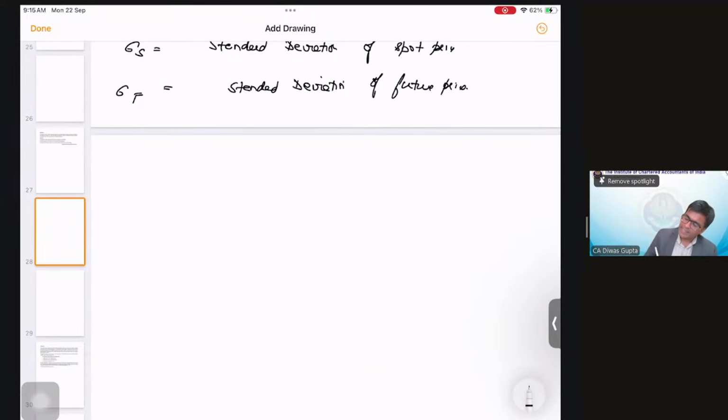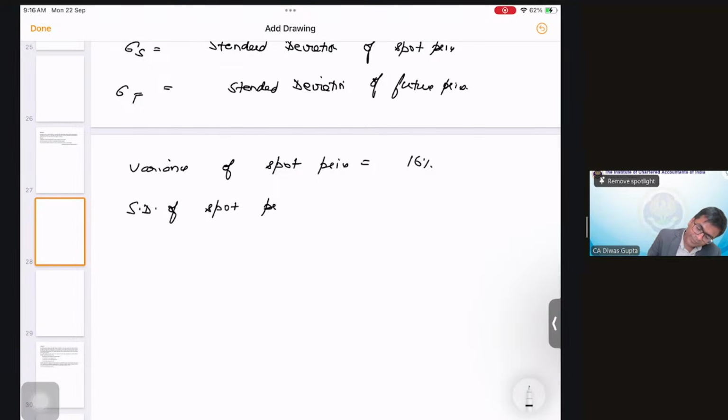And hence the variance of spot price is 16%. Now can anyone tell me, if the variance is 16%, what will be the standard deviation of spot price? 0.4. Very good. So the square root of 16, which will be 4%.